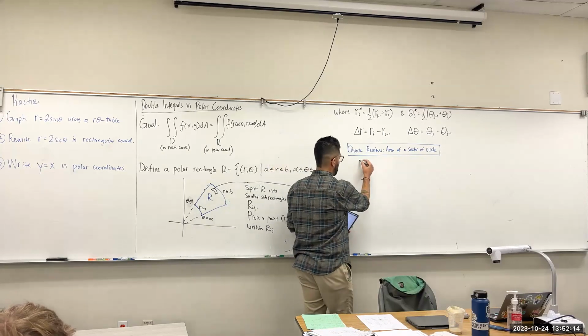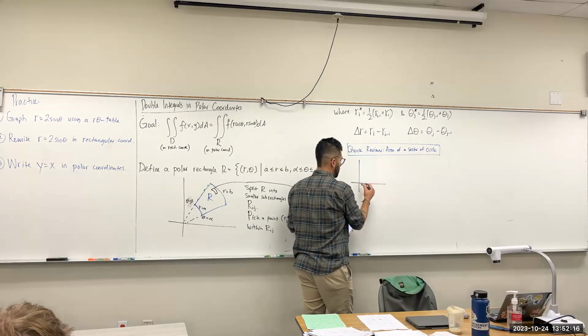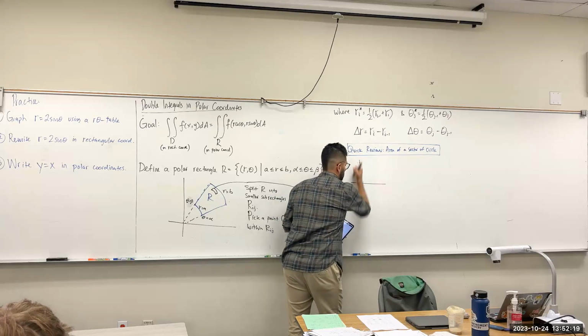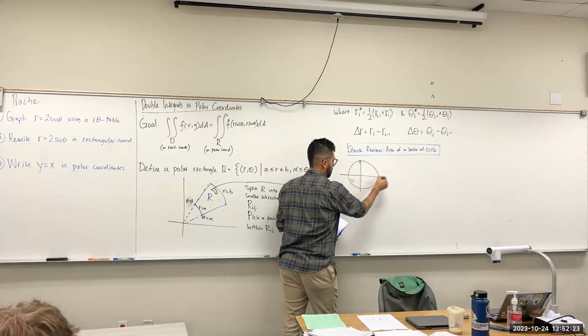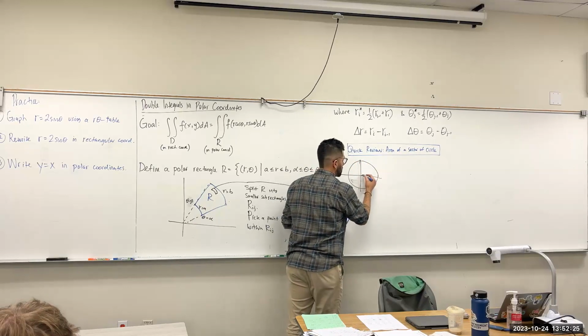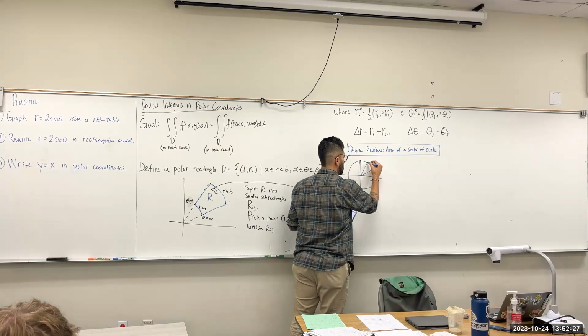Let me remind you what that looks like. So if I have a circle, but I only want the area of one of its sectors. Let's say I only want this area here.